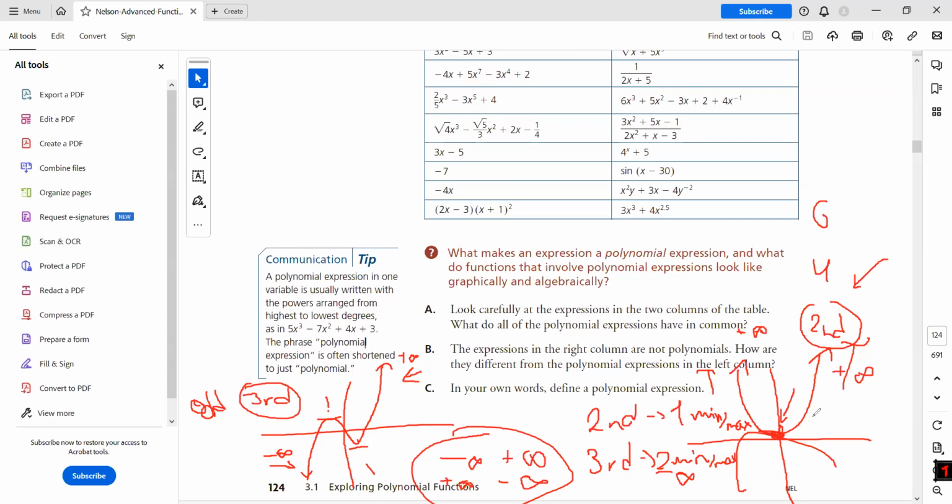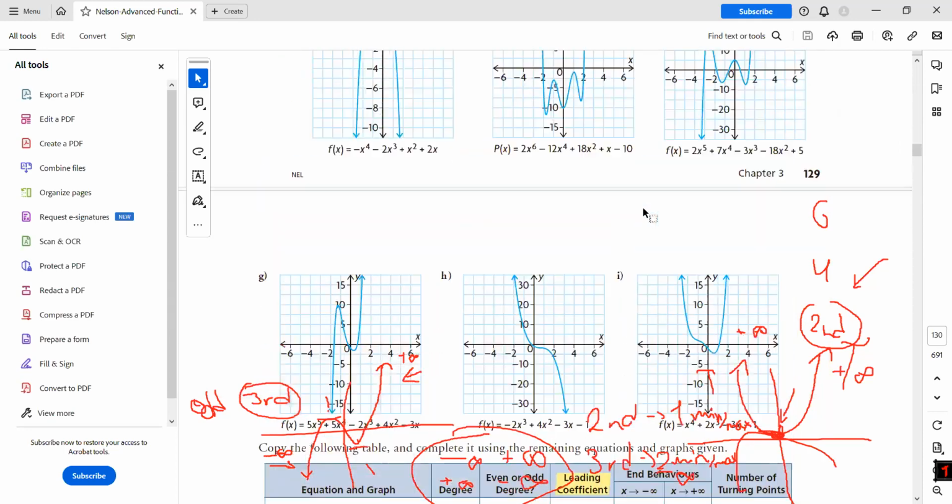You can write it down that the number of vertices for polynomial functions is one less than the degree of the polynomial function. Okay? Okay, good. We're gonna look into it once again.